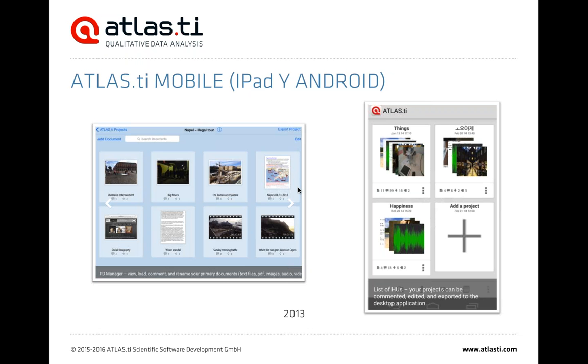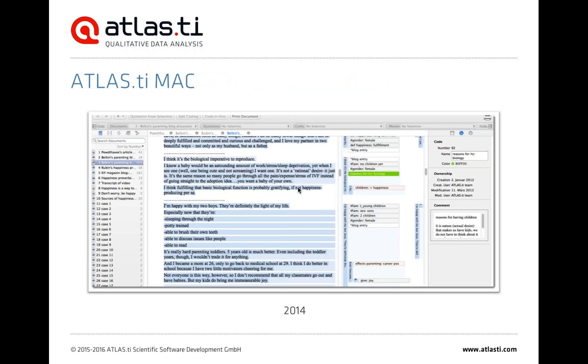Because with my Android or my iPad, I can start collecting data. I can even record my interviews or take pictures if I'm working visually, for example, and then I can start coding. If I'm traveling, I can take advantage of this free time and work on my data in the mobile version of ATLAS.ti.